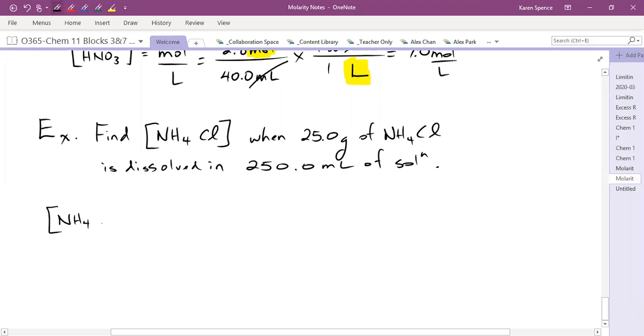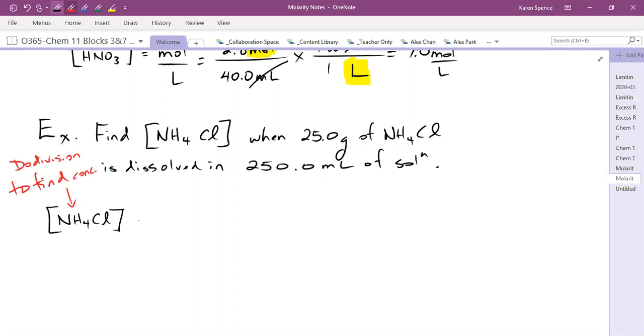Concentration of NH4Cl. Anytime you're finding the concentration, you're going to be doing a division. So we are going to say I need to have my moles over my liters.